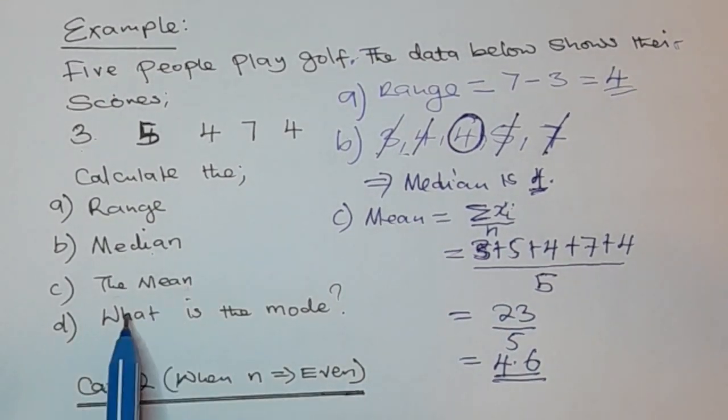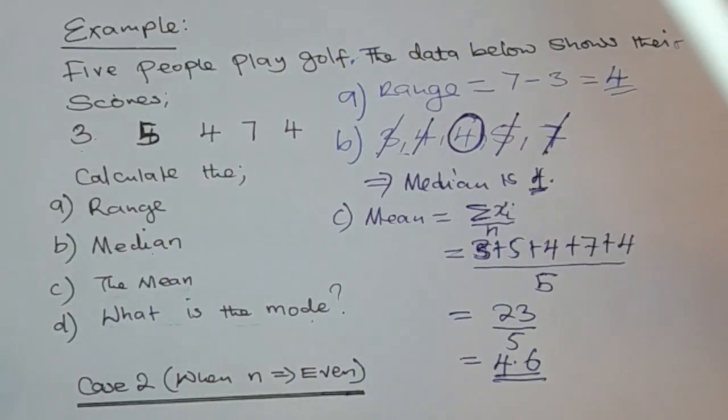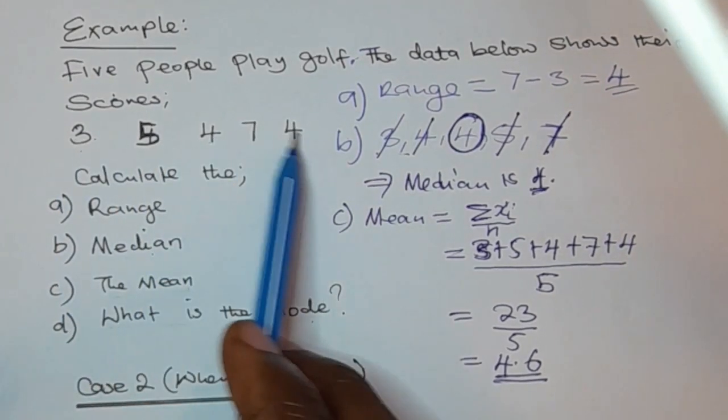Then the last question is asking, what is the mode? The mode is the most appearing number, or the most appearing score, or the most frequent. When you look at this, we have two 4s here.